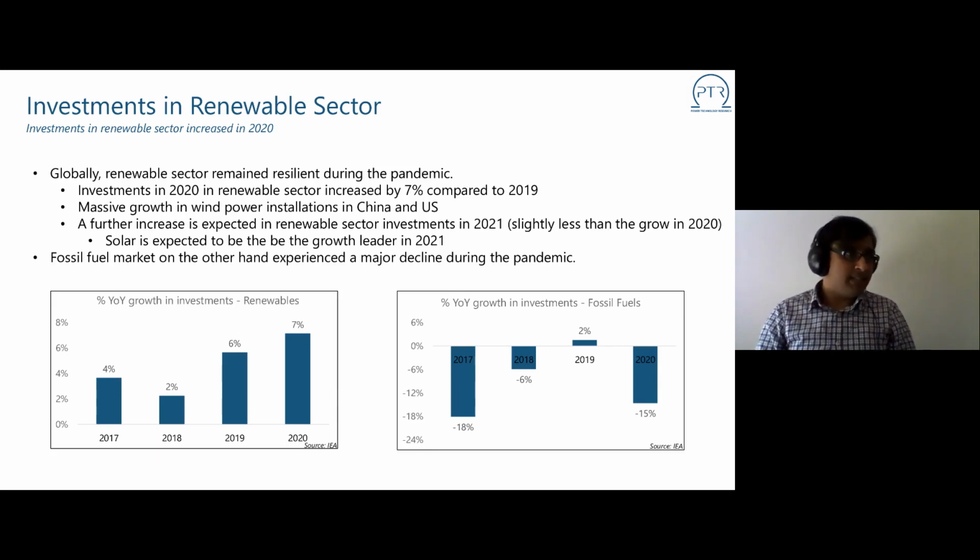Countries in the Far East region would definitely be the ones that one needs to keep an eye on. So the decline that we expect in China for renewables gets nullified by some of the other markets moving forward. And if we compare it with the investments which went into conventional fossil fuel generation, we see that there was a 15% decline in terms of the overall investments in the year 2020.